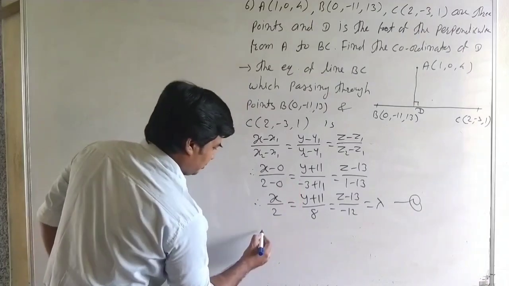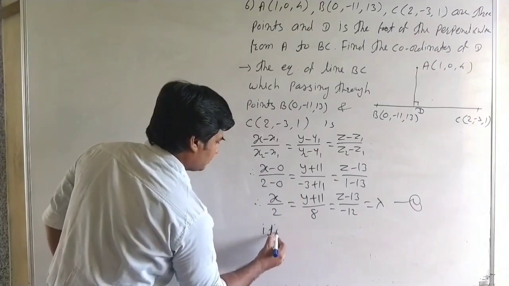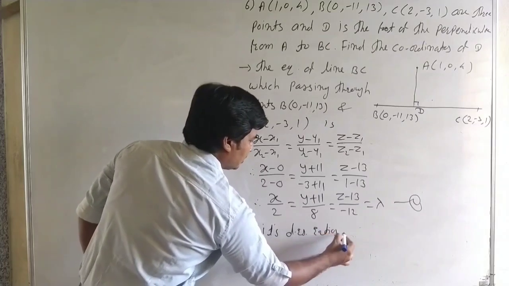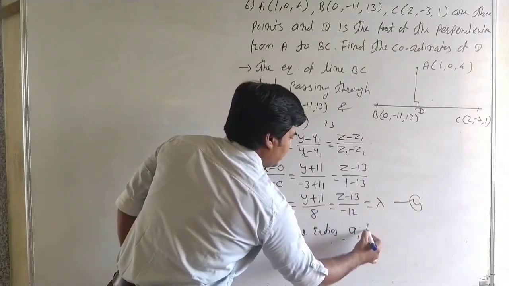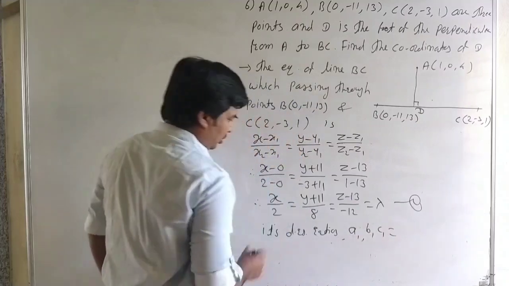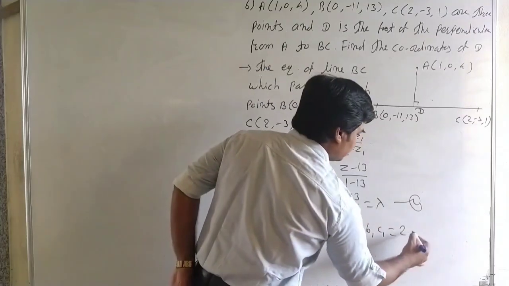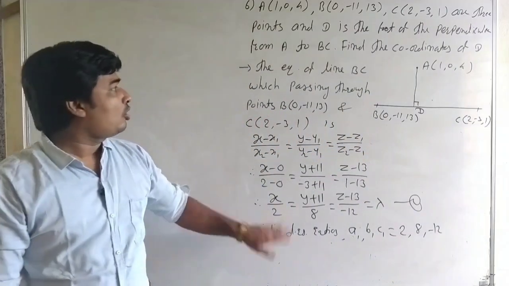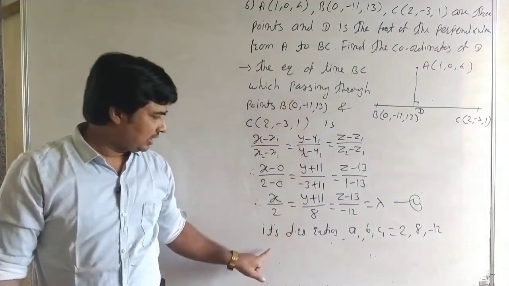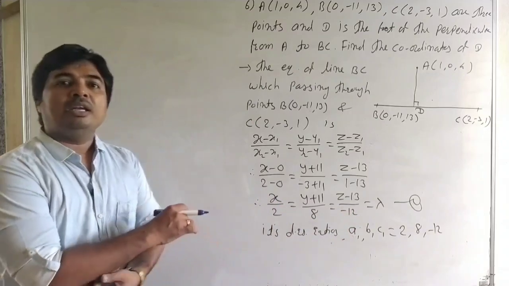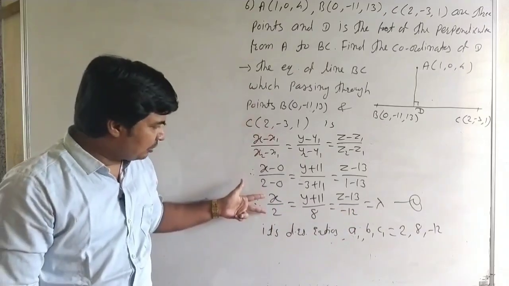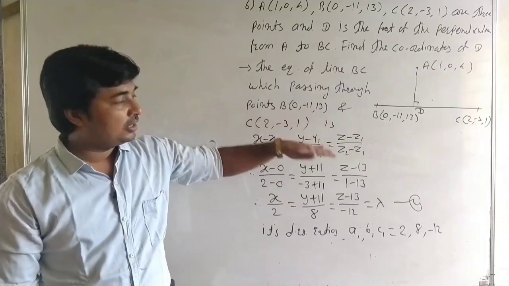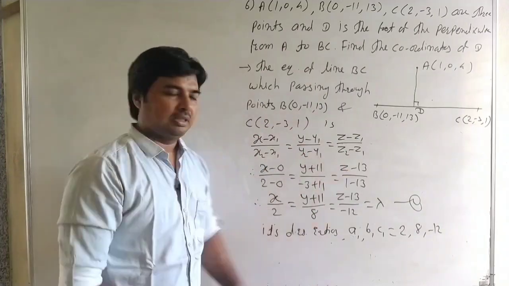Its direction ratios A1, B1 and C1 are 2, 8 and minus 12. These are the direction ratios of line BC. In the last example, the equation of line was directly given; in this example, we first find the equation of line and then the direction ratios.